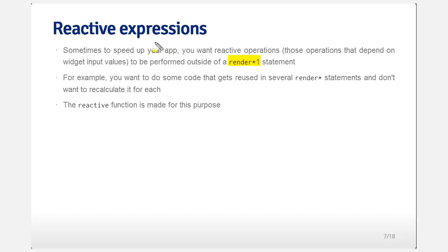Sometimes in your code you want to have reactive code, but you don't actually want it to be part of a render statement for a variety of reasons. For example, you might want some code that gets reused in several render statements, and you don't want to redo the calculations for each, or you want your code to be neater. So there's a function called reactive that's just made for this purpose.